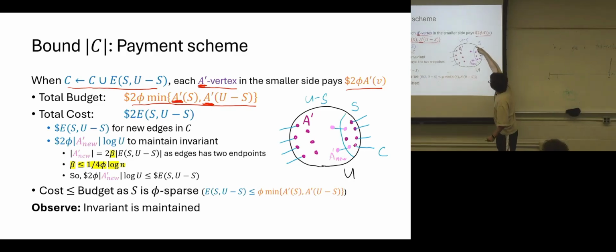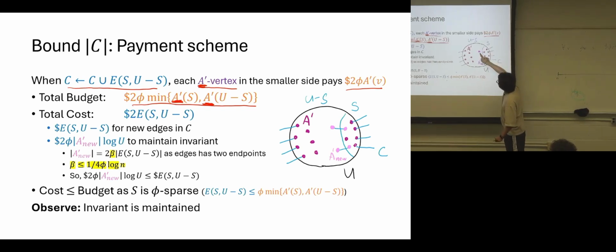So I find a cut here. Now there are cut edges. These nodes need to get some new node weighting, meaning that we need to pay money for it to maintain the invariant. The invariant says that every node in A prime needs to have some money.